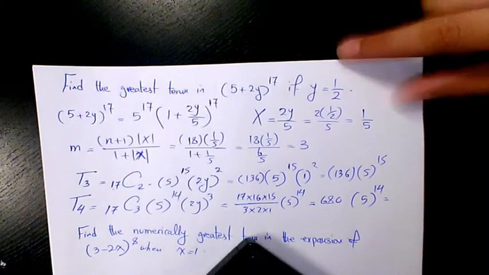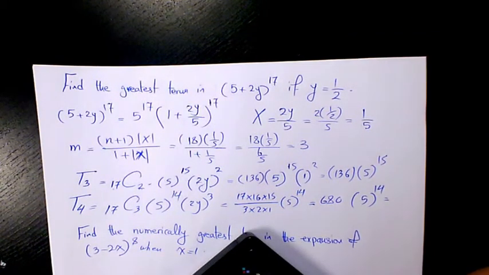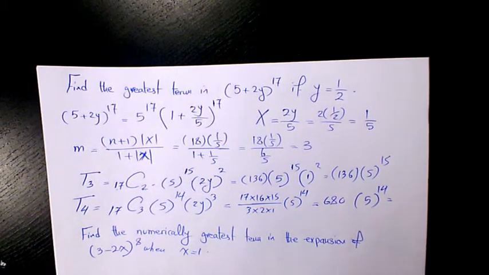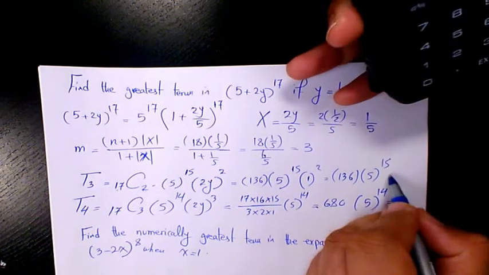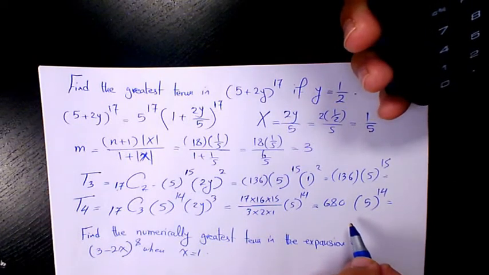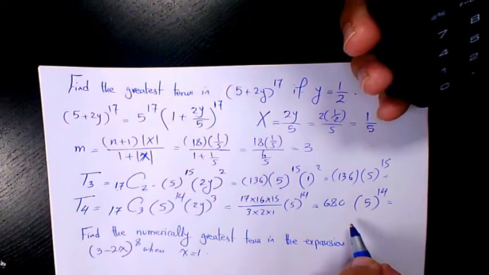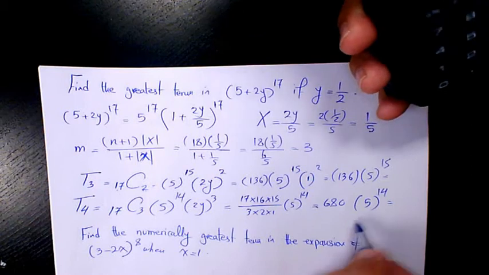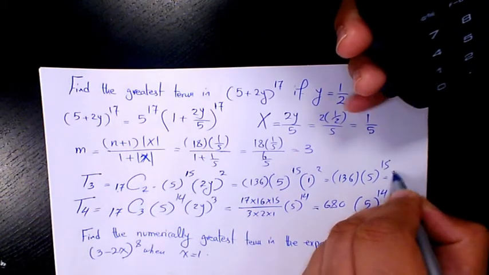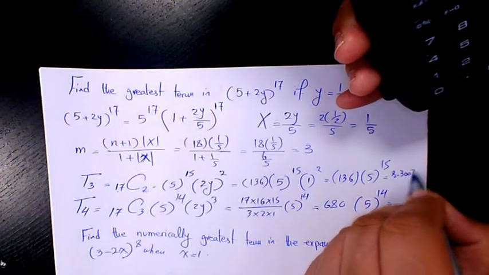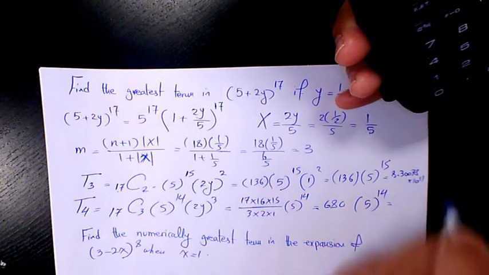So when you calculate both of them, let's figure out the first one. 136 times 5 to the power of 14. That's a huge number. That's going to be 8.30078 times 10 to the power of 11.